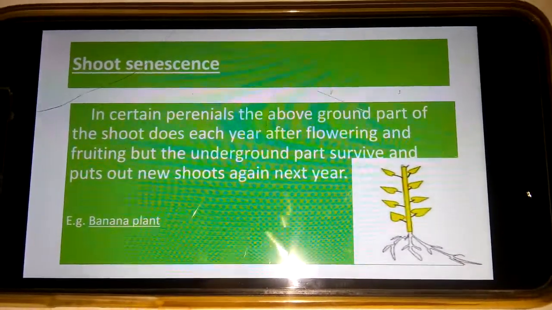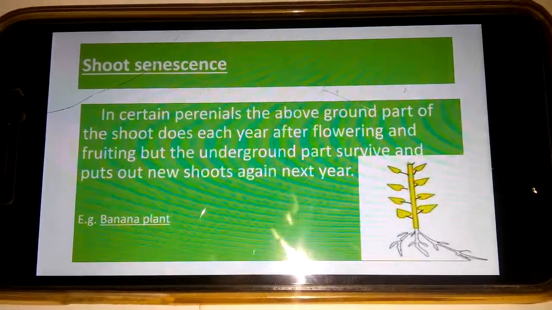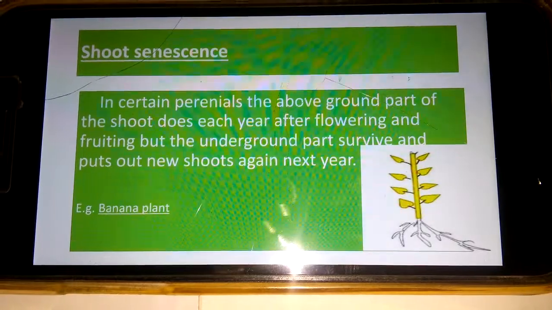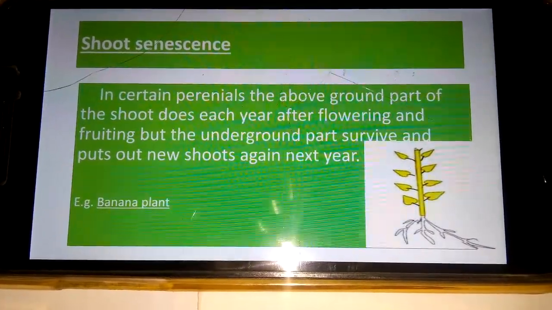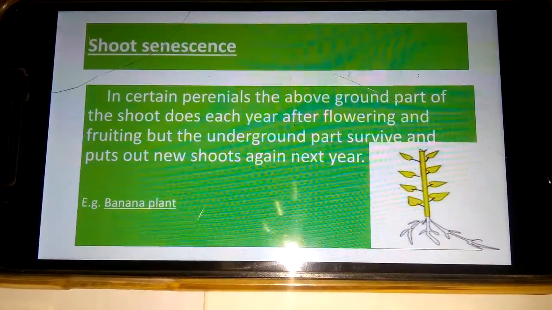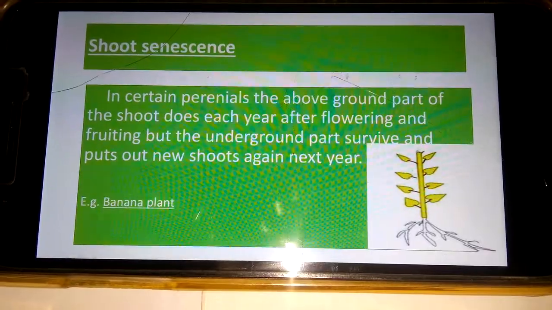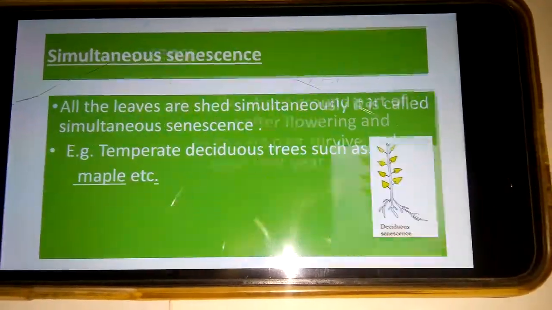The next is shoot senescence. In this type, the above ground part of the shoot dies each year after flowering and fruiting, but the underground part survives and puts out new shoots again next year, for example banana plant.